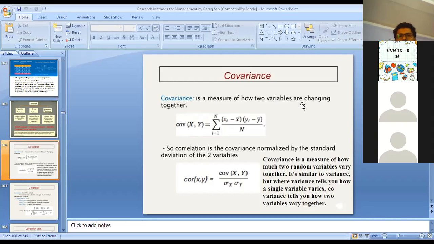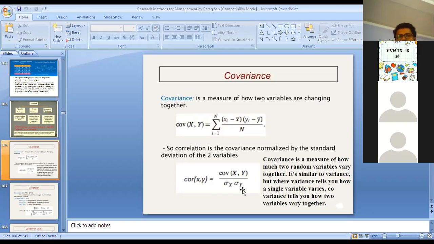Now, what is correlation? Correlation is also like covariance, but it is actually standard covariance or normalized covariance. Why is it normalized? You can see that the covariance is divided by the standard deviation.